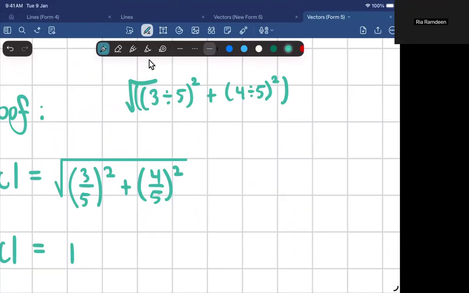I'm gonna do it over again. So I got 1.24. I don't know why.